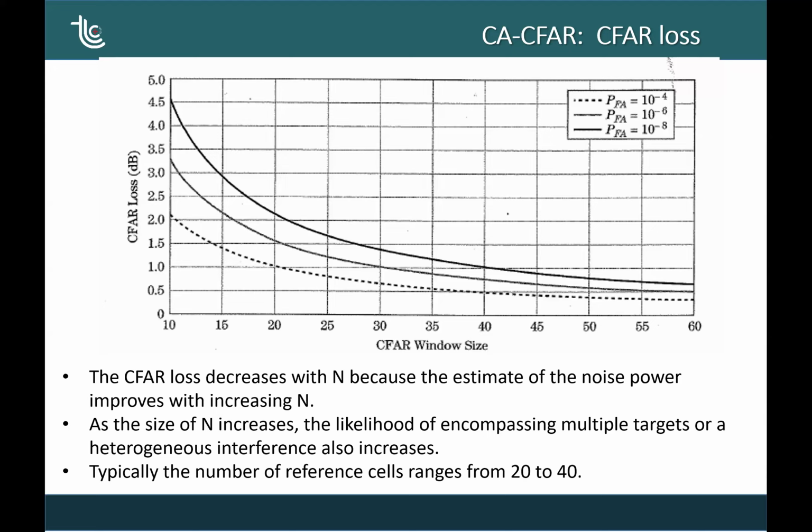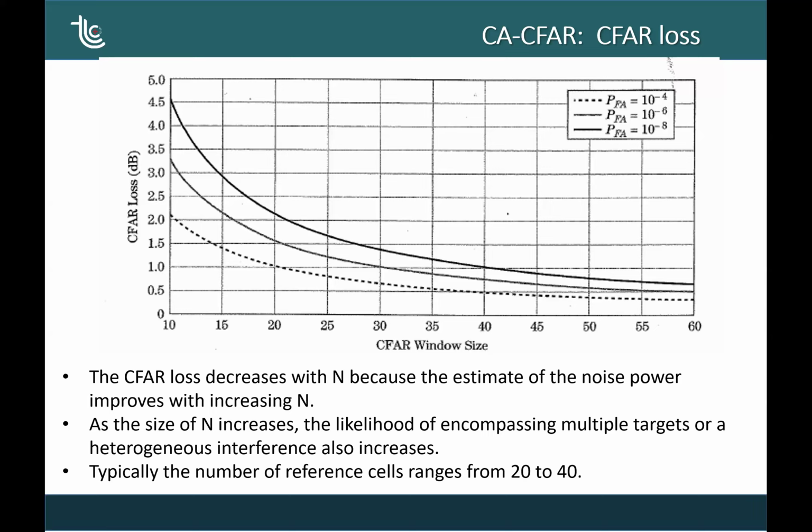The highest is for 10 to minus 8, then we have 10 to minus 6, and 10 to minus 4. On the x-axis, you see the dimension of the CFAR window from 10 samples to 60 samples. And on the y-axis, you see the CFAR losses from 0 dB to 5 dB.